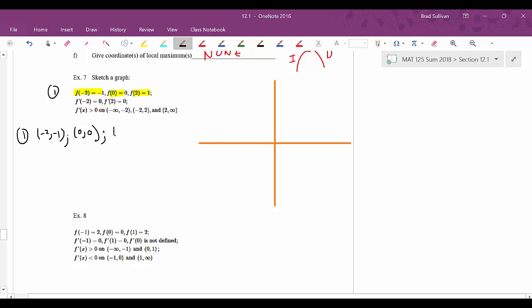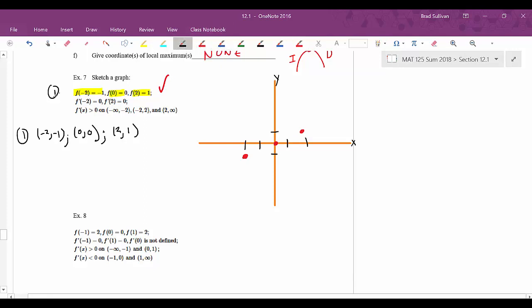And this says if x is 2, y is 1. So that's just given points. So let's just plot these points and start off that way. So we have a point -2, -1. We have a point 0, 0. We have a point 2, 1. Okay, that's what that is saying.